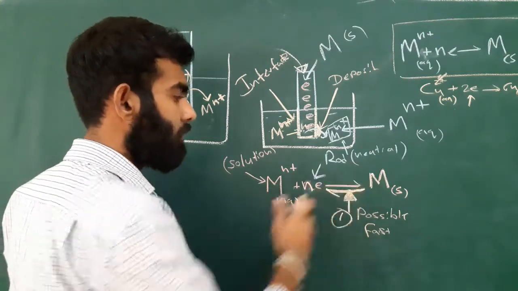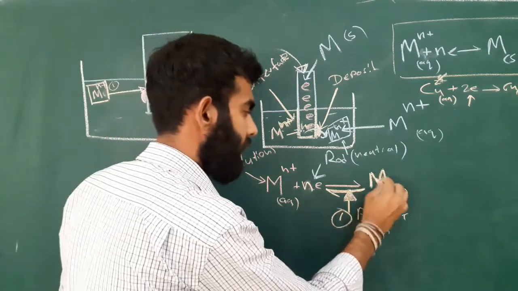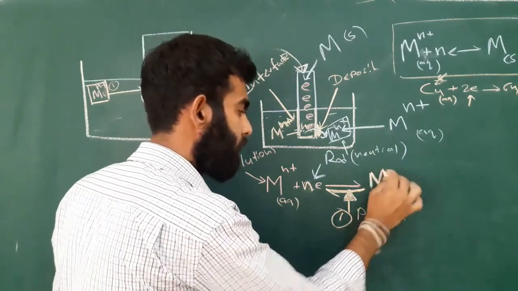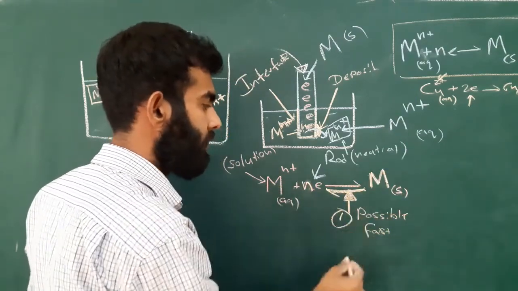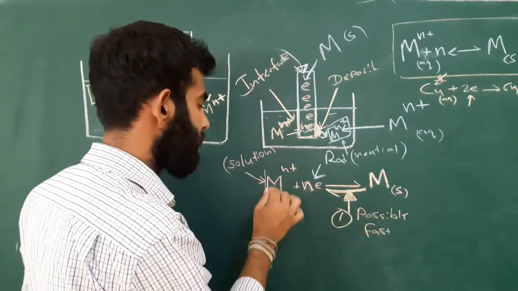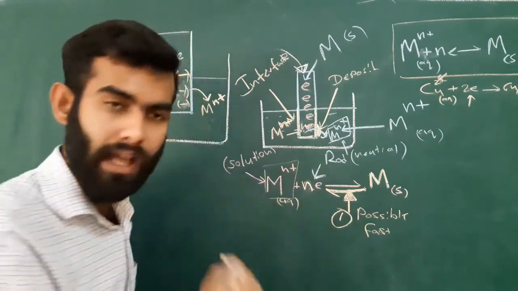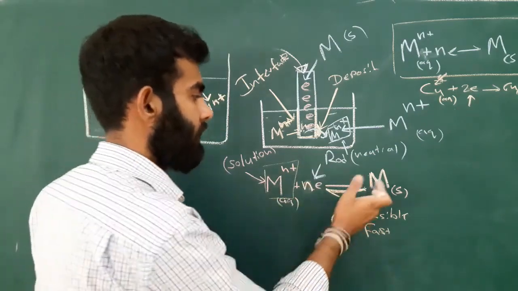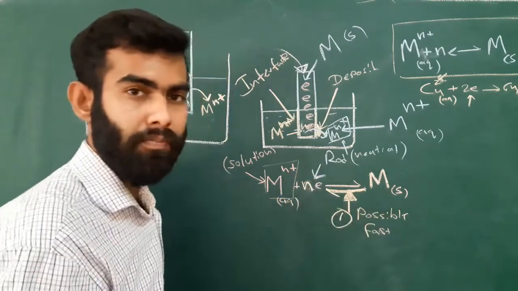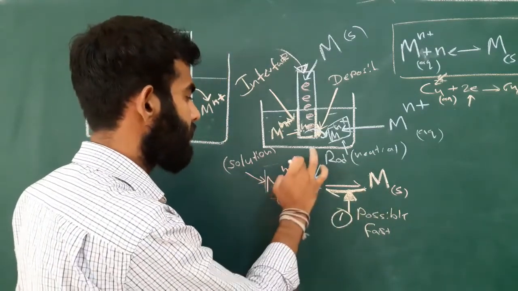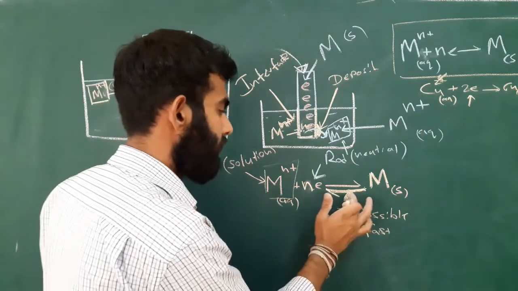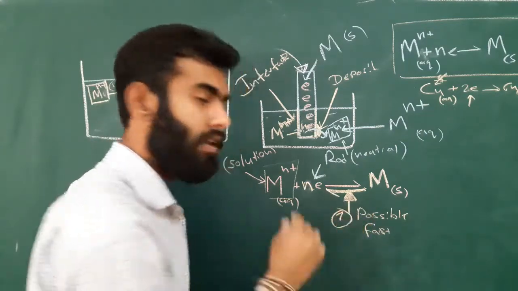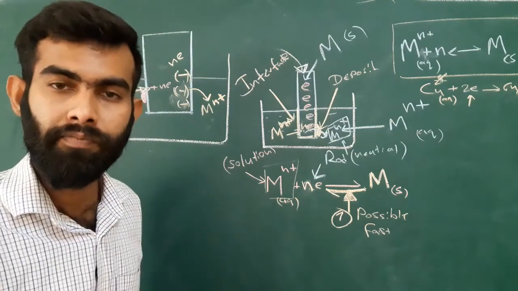This backward reaction, the Mn+ formation from M, depends on the concentration of cations. So after some time, the solution will get a sufficient amount of Mn+ cations. So this fast reaction will be slowed down.